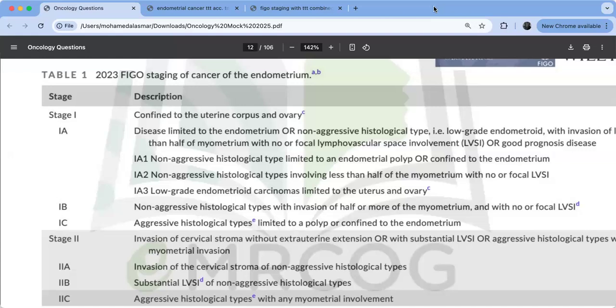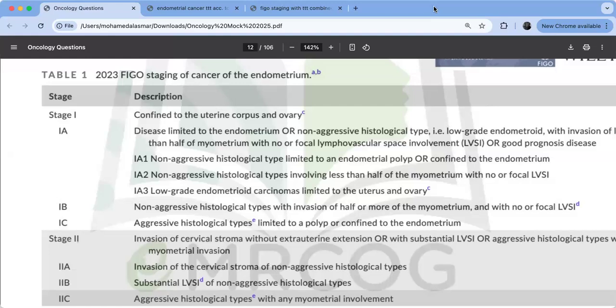Not an aggressive tumor, and it has a good prognosis, correct? Well done. How about if I told you that there is a poorly differentiated tumor? It is an aggressive type. Yes, excellent.